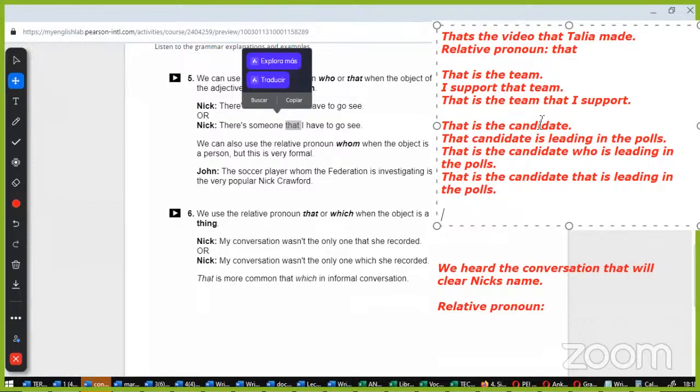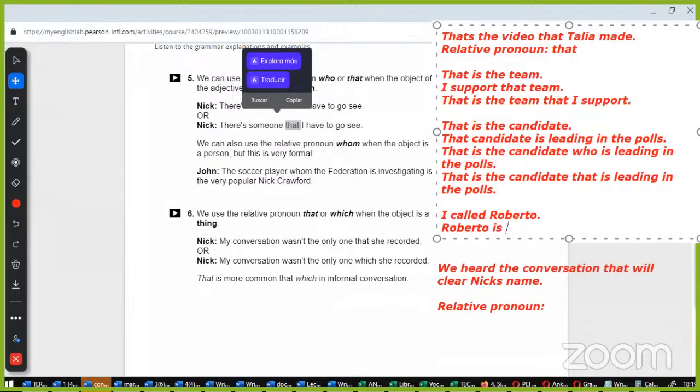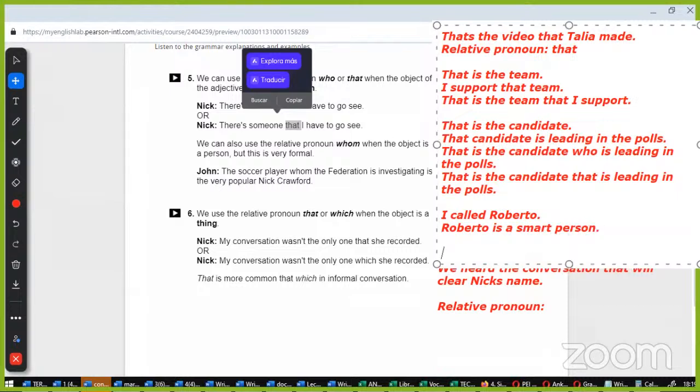There's also one that is whom. Let me show you this. I called Roberto. Okay, how would you join these two sentences? I called Roberto.